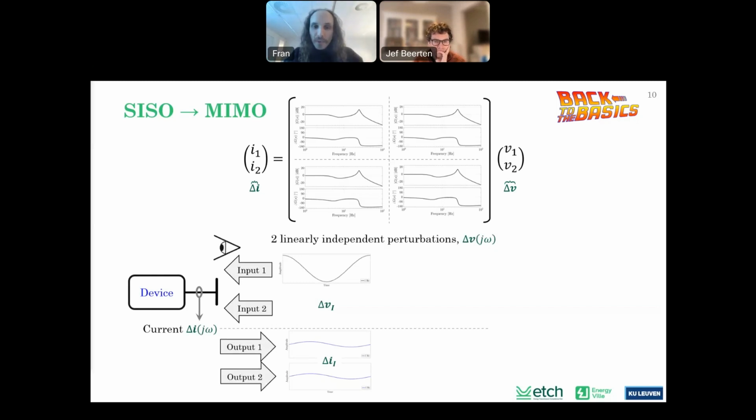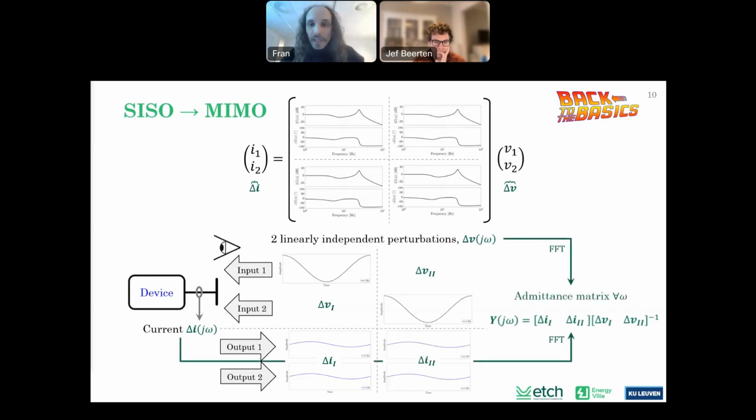And now instead we will perturb the second input while the first input is undisturbed, and record the currents again. Finally, we again apply fast Fourier transform, and now instead of dividing output by input, we do it with a matrix inversion, right? So now it's just the matrix extension of what we did before.